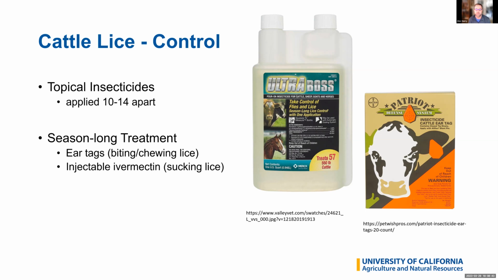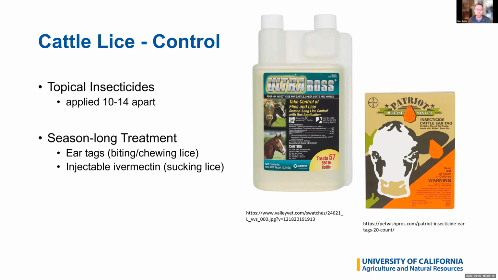If you make a treatment with a topical insecticide, a spray or a rub-on or something like that, you very likely will kill all of the immature and adult lice, but you very likely will not kill the louse egg, or the developing louse inside that egg. A week or so later, when the insecticide is no longer effective at the right concentration, that egg finally hatches, the new louse comes out, and there is not enough insecticide left on the animal to get control of the lice that have emerged from the egg.